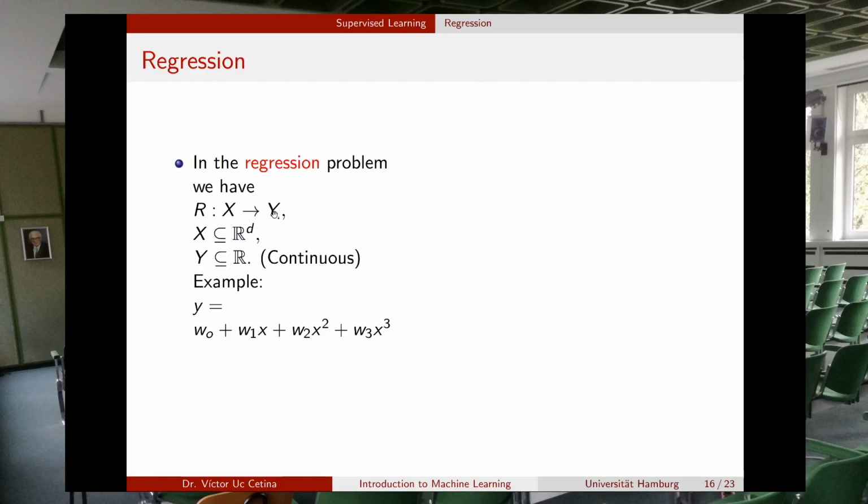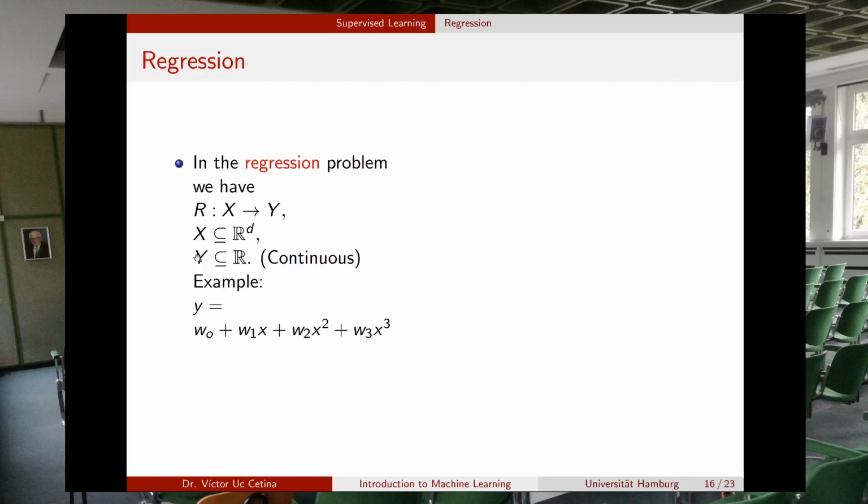So we are talking about a function R that will map every element in the set X to an element in the set Y, where X is a set of vectors of size D of real numbers, and Y is the set of real numbers.